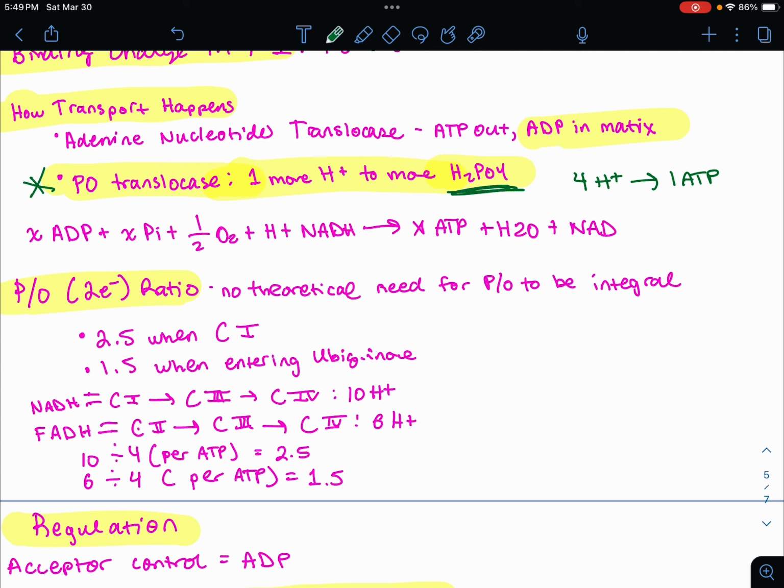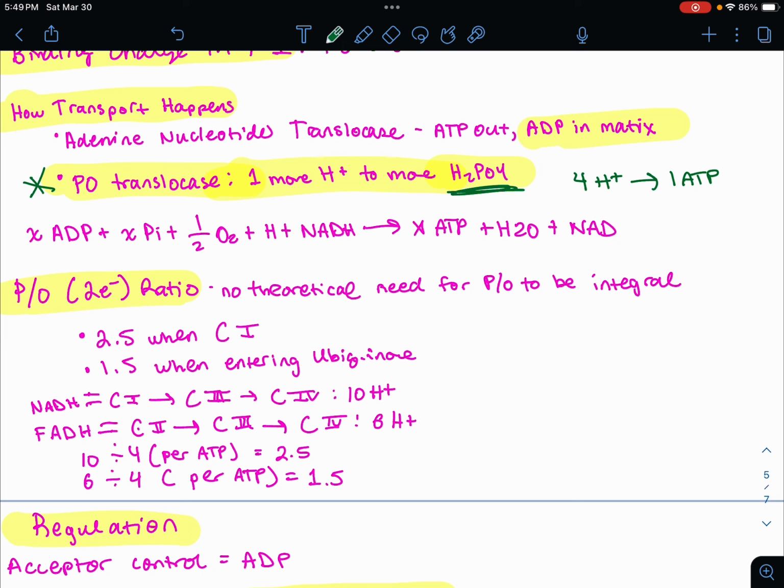So, an overall equation that was given is X ADP plus X phosphates plus 1/2 O2 plus H+ plus NADH will give you X ATP plus H2O plus NAD+. Let's talk about the phosphate to oxygen or P/O ratio.